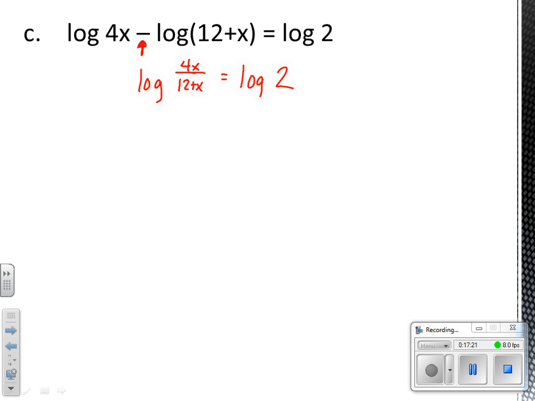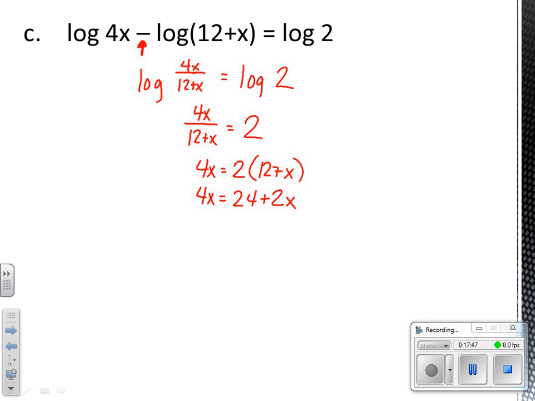Now that we've condensed it, we have matching logs, so we can use our one-to-one property and say that these two values must be the same. Multiplying both sides by 12 plus x gives me a 4x here and 2 times 12 plus x over here. So simplify. Move the 2x over. I've got 2x equals 24, or x equals 12.